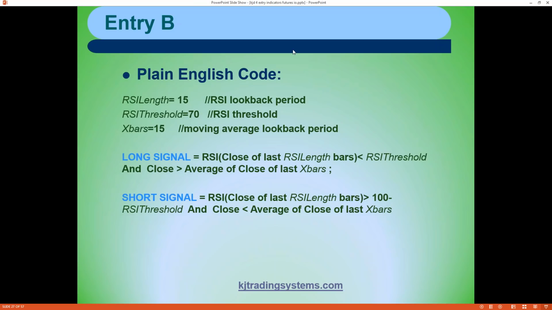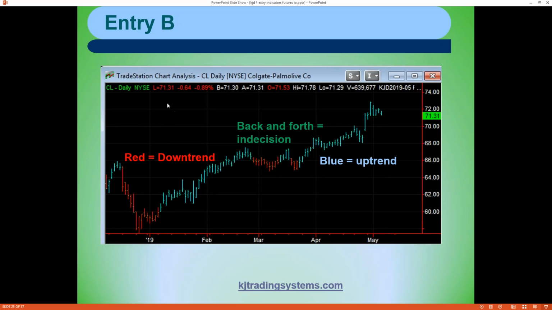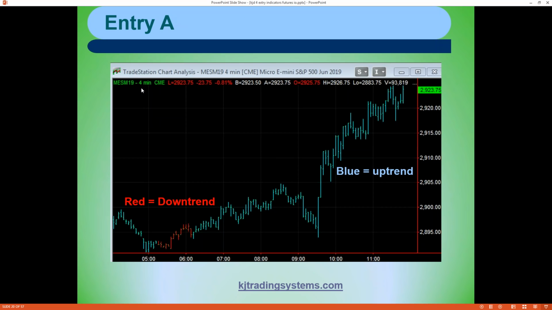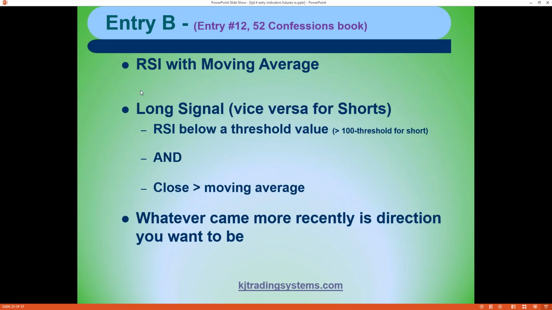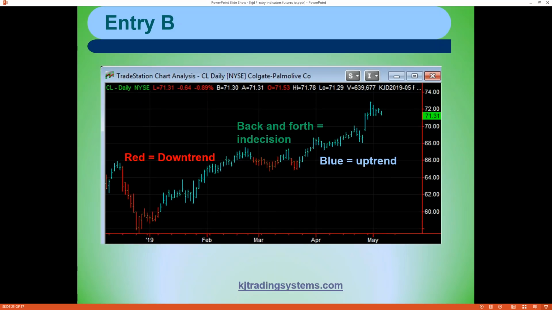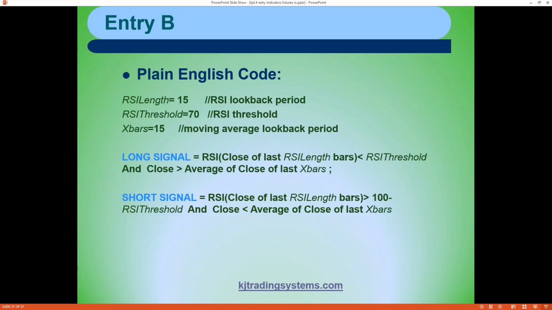And I should point out, I think I showed a daily chart for this first one. I think the previous one was a 4-minute chart. You can try these with tick charts or whatever time period you want. Now, it doesn't necessarily mean that they're going to work as well. In some markets, they might not work at all.